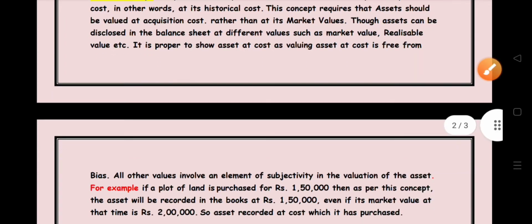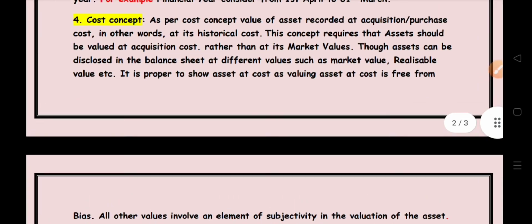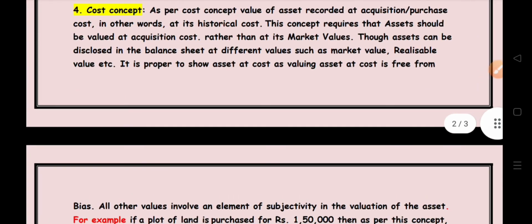So when we purchase the asset, we record it at the original cost in our books of account. Then we treat whether the asset is getting appreciated or it is getting depreciated.